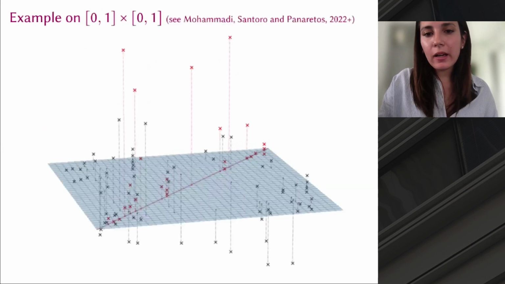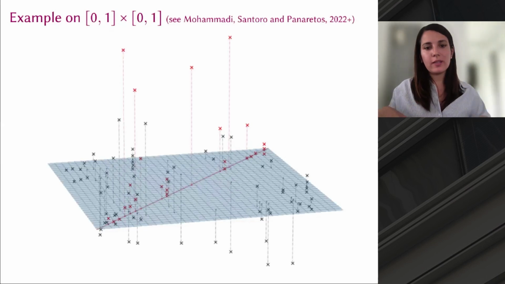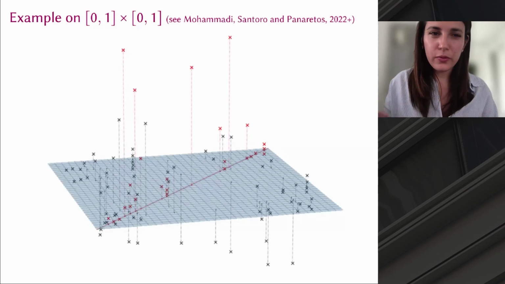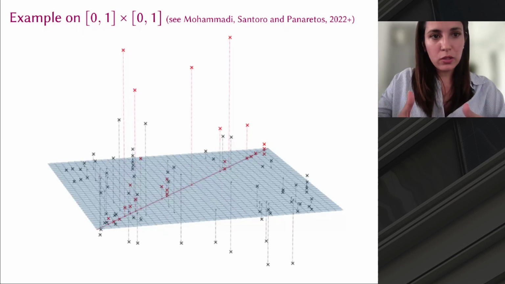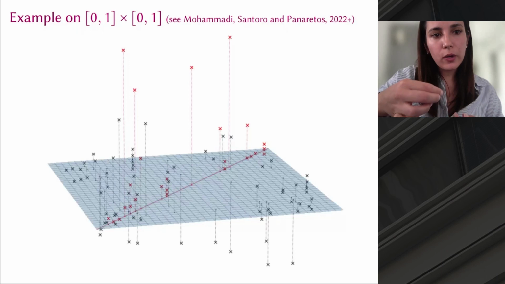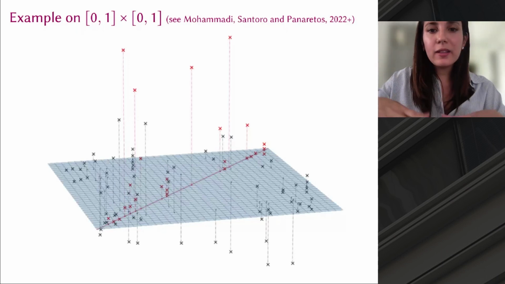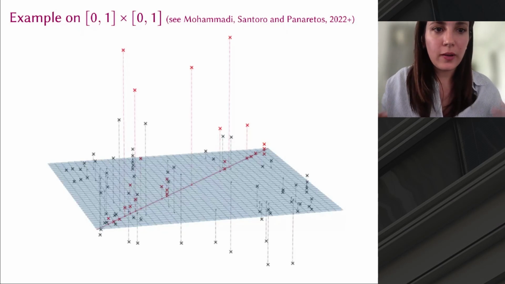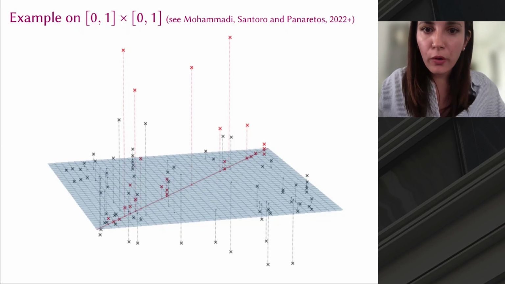This is just an example on [0,1]-valued functions, because for the sphere it's difficult to visualize. We have all these pairs of locations, and for all the pairs of locations we have a product. So we have this cloud of points of products. We said that the products are kind of an unbiased estimator of C_h, of the autocovariance.